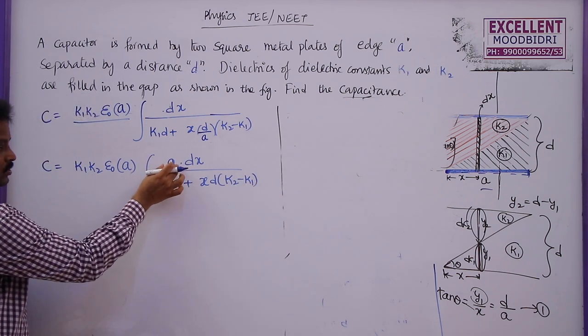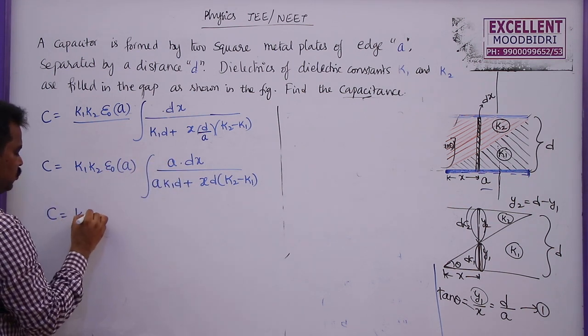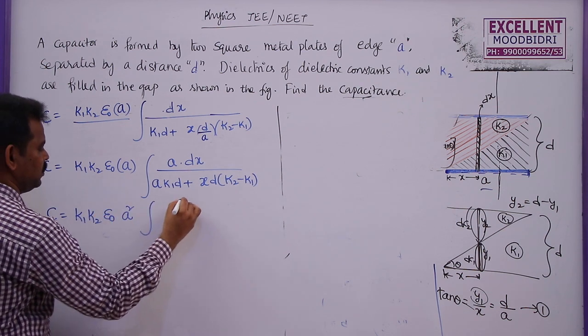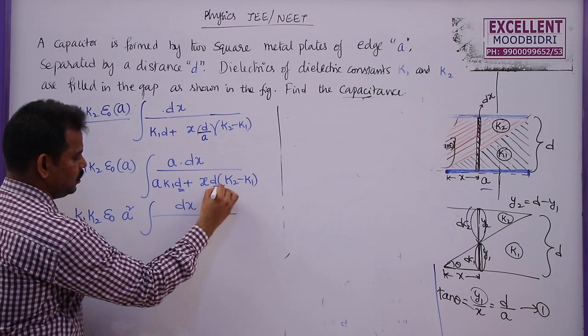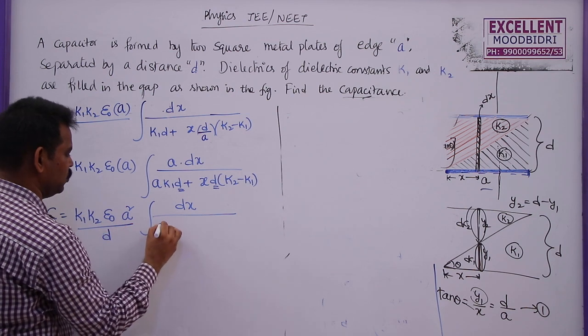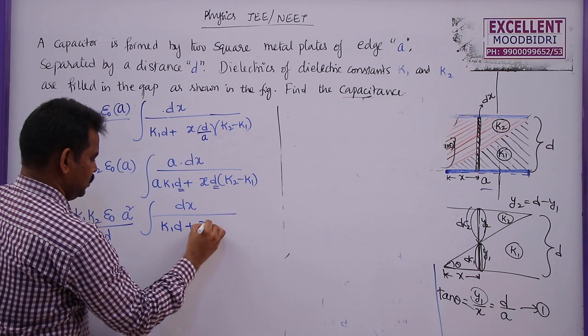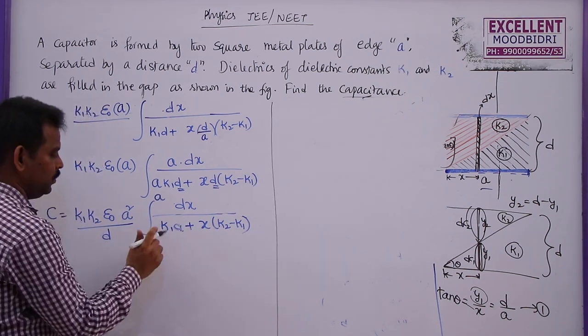You can bring this A as it is a constant outside, this will become A square. So capacitance is equal to K1 K2 epsilon naught A square integral dx by, you can see here d is common, you can bring d outside, or you can write d here also. The remaining terms K1d plus x into K2 minus K1.